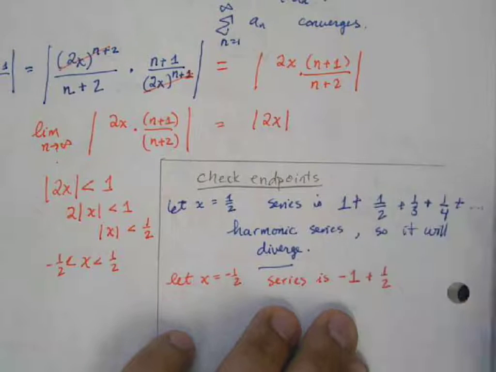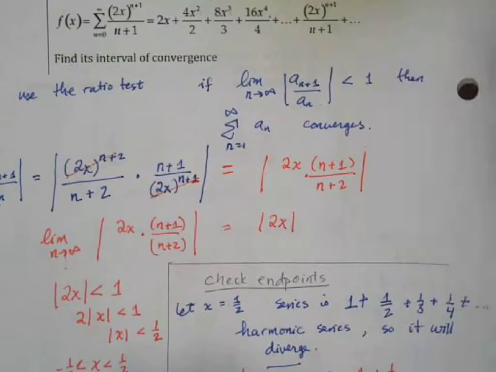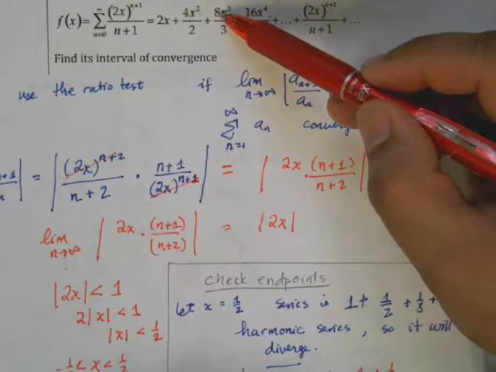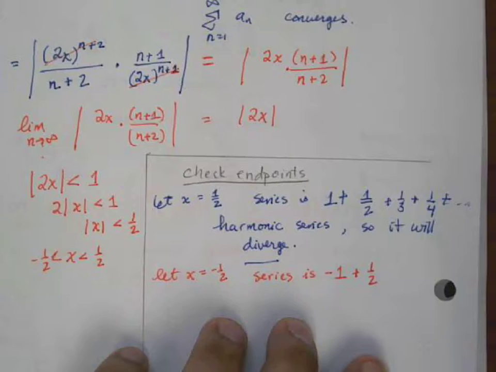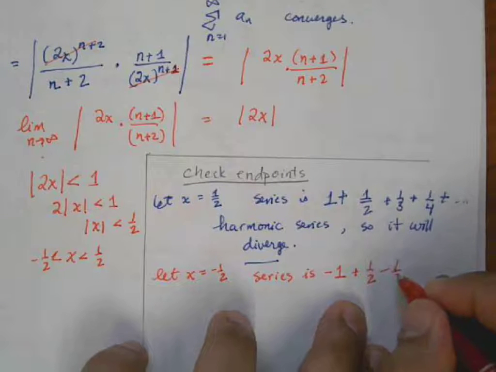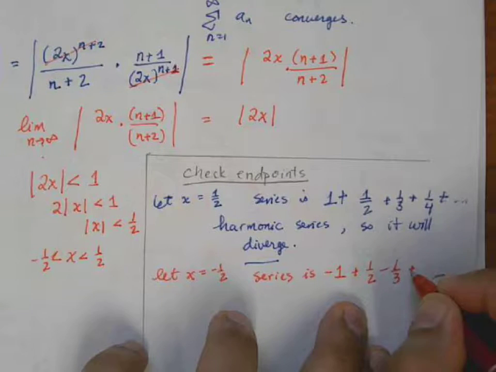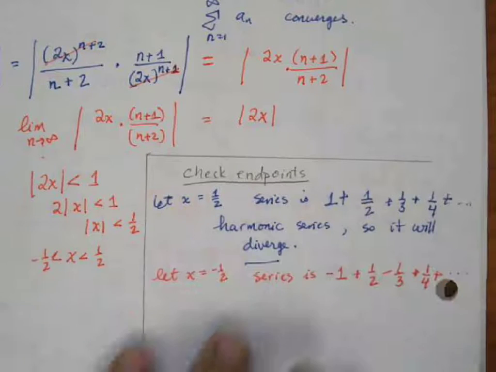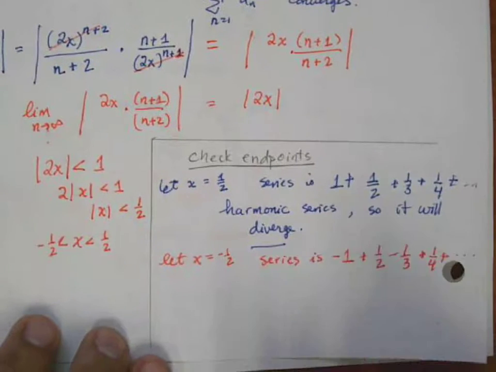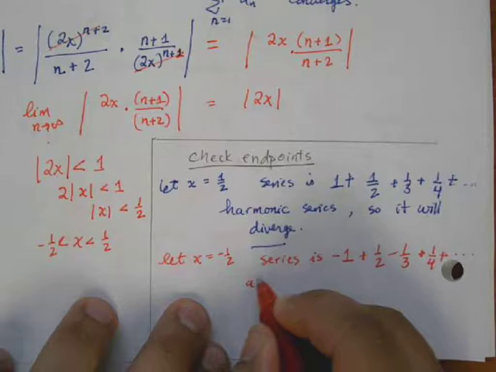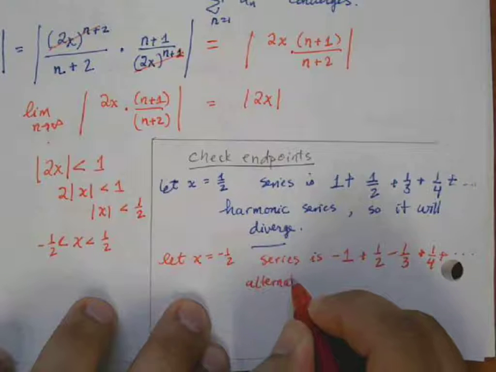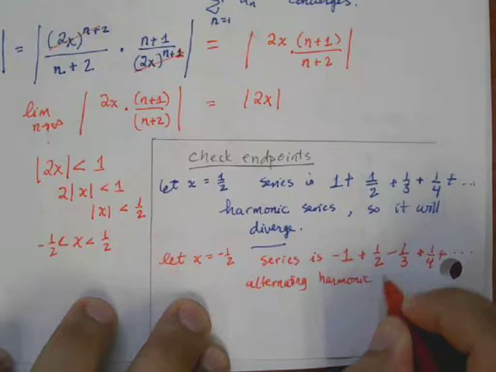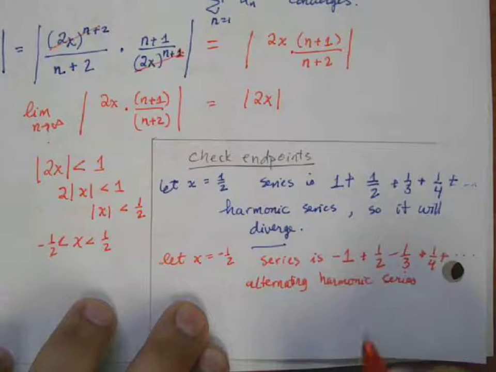Then if I take negative 1/2 and plug it into this part right here, I get negative 1/8 times 8, so that's negative 1 over 3. And you can see pretty quickly that this is negative 1/3, and then you're going to get positive 1/4, and so on. So this is an alternating harmonic series, which we know will converge.